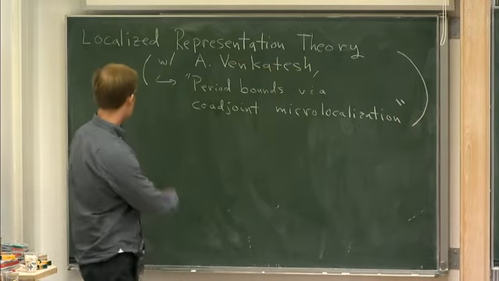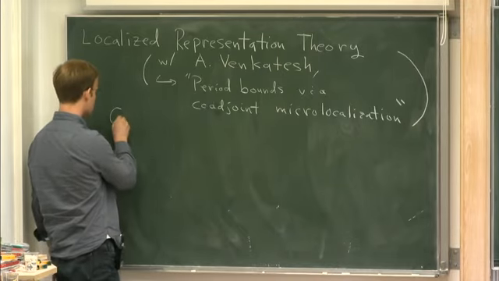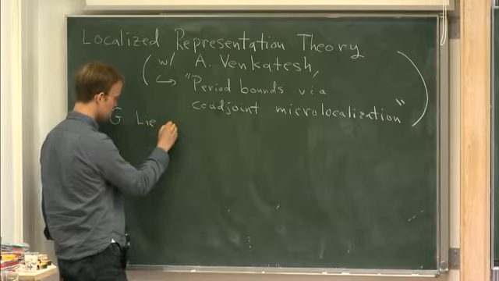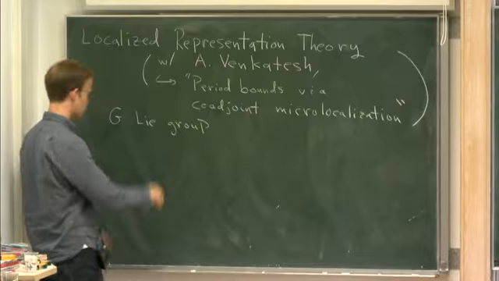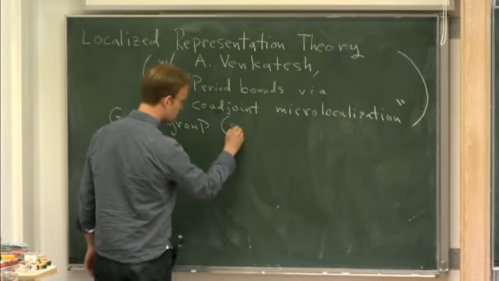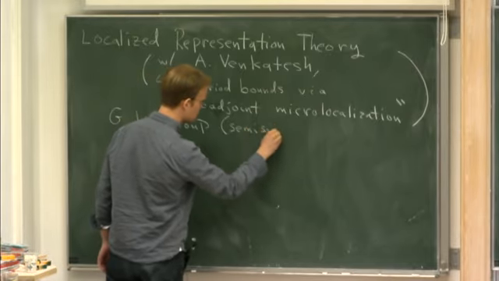Okay, so I want to talk today about representations of a Lie group. And even this condition can be relaxed somewhat, but I'll be focusing mostly on the case of semi-simple ones.